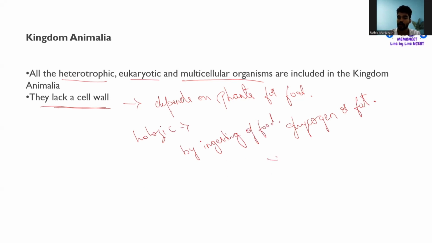They follow a proper growth pattern and also have a proper structure, and almost all the organisms which come under the kingdom Animalia show locomotion.